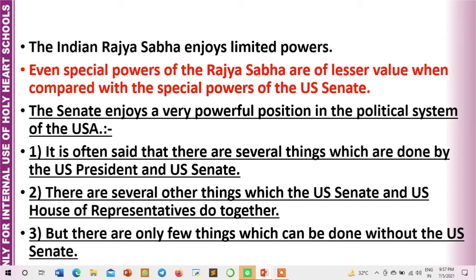Second, there are several other things which the US Senate and the US House of Representatives do together. And third, there are only a few things which can be done without the US Senate. So you see, which house is common in all the 3 points, whose approval is a must before taking the decision? That is the US Senate. The US Senate's decision is a must before taking any decision.